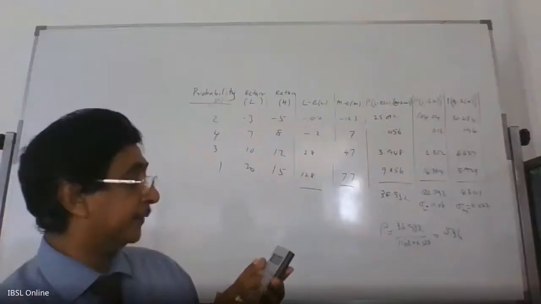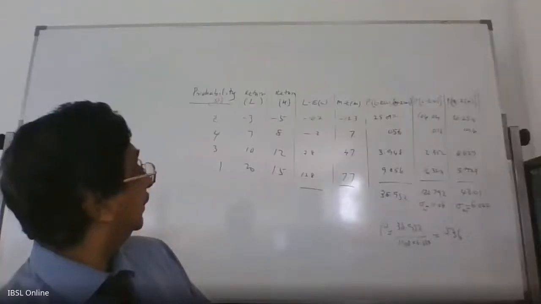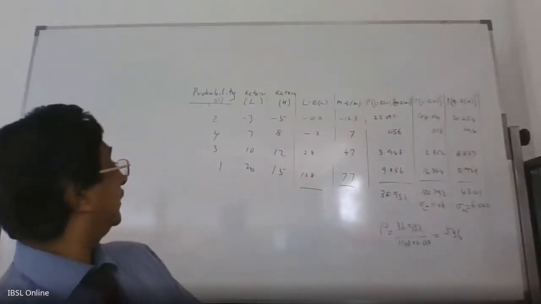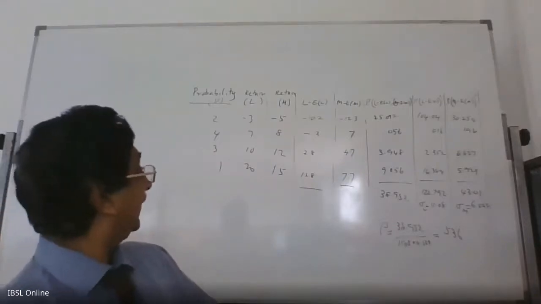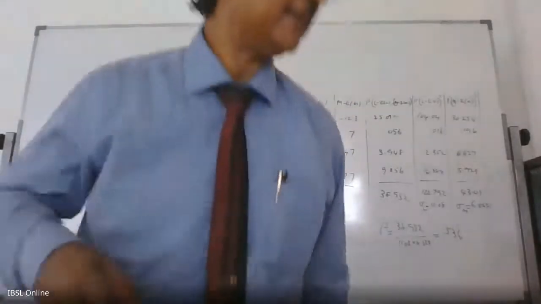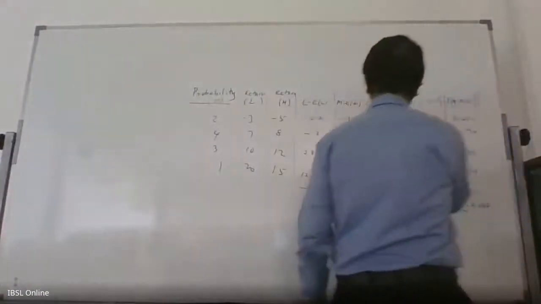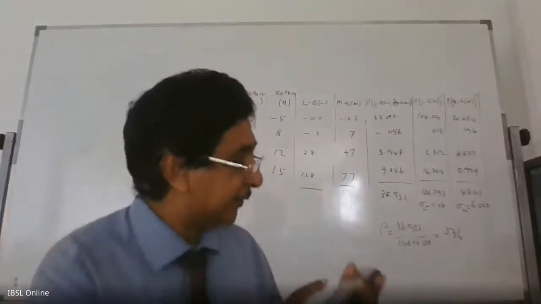Sir, that question, 0.056 should be minus on the second probability. Yes, correct, it should be minus. Accordingly, check that covariance. Yes, I will check. I think 38.84. There was a mistake there. It's okay.